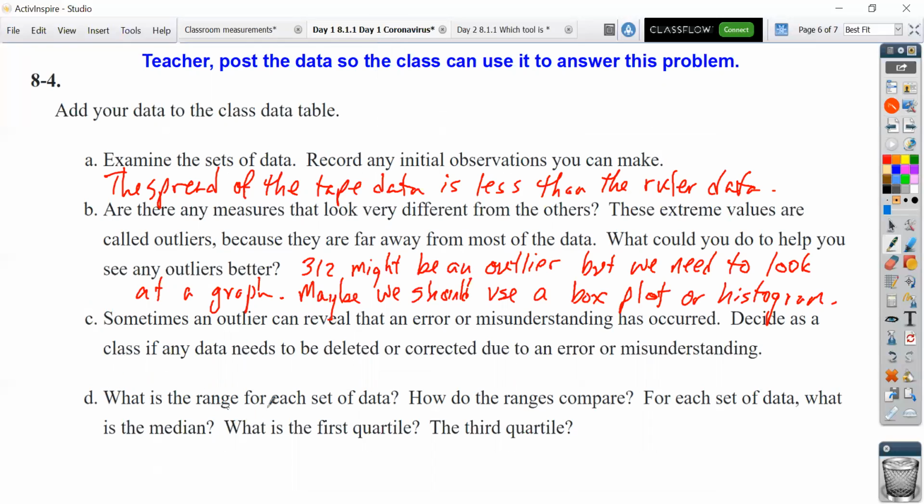Problem D, what is the range of each set of data? How do the ranges compare? And for each set of data, what is the median, first quartile, and third quartile? So it looks like they're trying to set us up for making a box plot. So let's go do that work over by your data, and you can call this 8-4D.